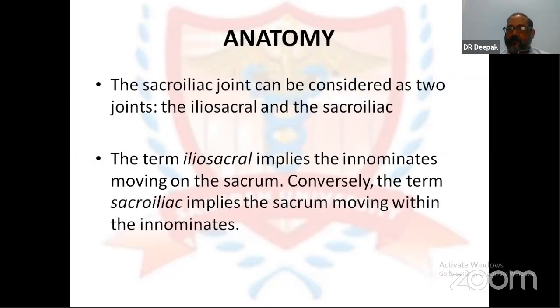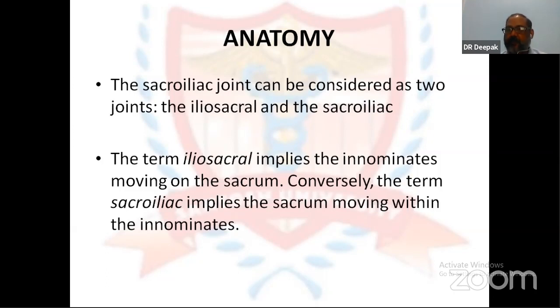So, the sacroiliac joint can be considered as two joints. Why is it two joints? Because the sacrum is situated between the two ilium or two hip bones, that is, the iliosacral joint and the sacroiliac joint. The term iliosacral means the innominate moving on the sacrum.